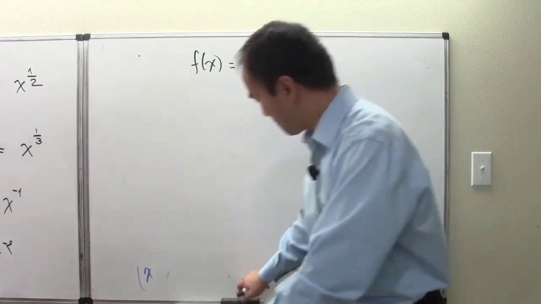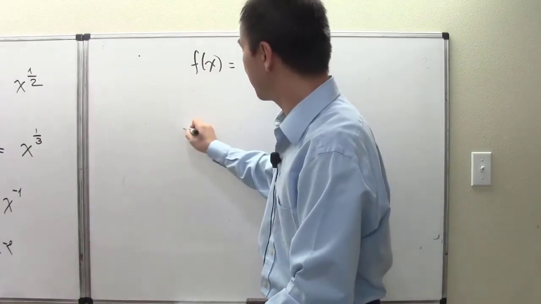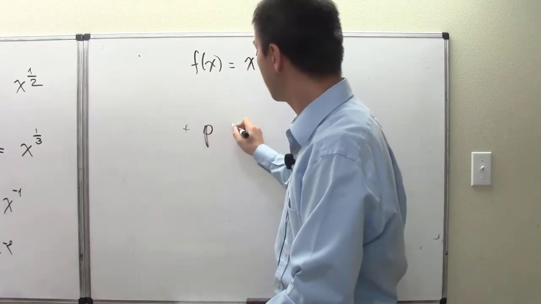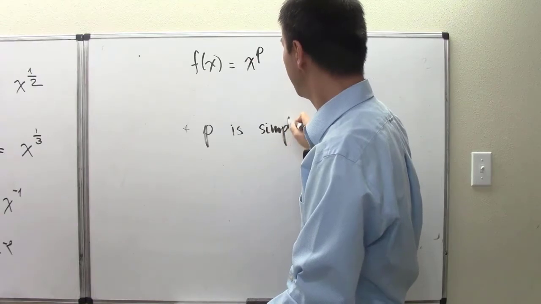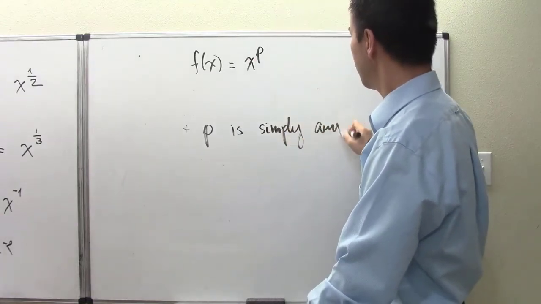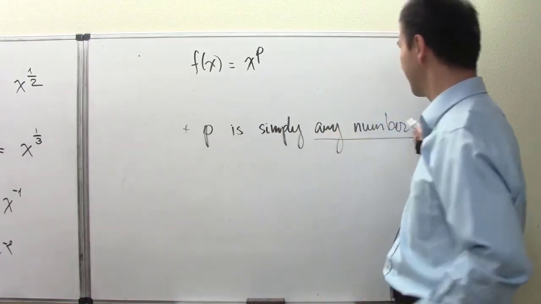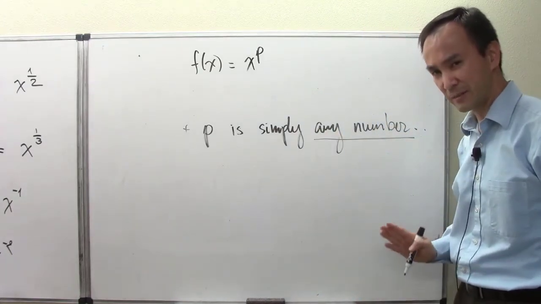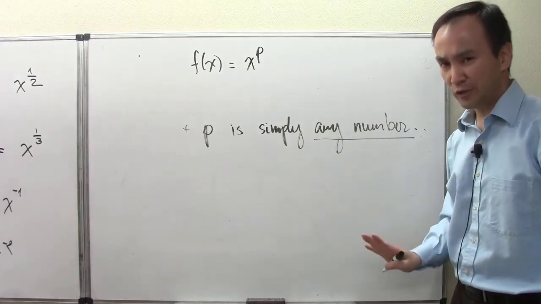All right, so now with this, I can make a little remark right here. So p is simply any number. Highlight that for me, and I will get back and really make it clear here. p, the power, can just be any number. And right now, I'm not talking about domains or anything like that, okay?